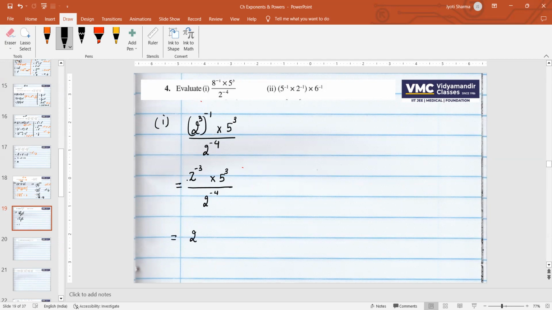Here you can see that 2 is there 2 times in the numerator and denominator. So they divide each other. So powers will be subtracted.